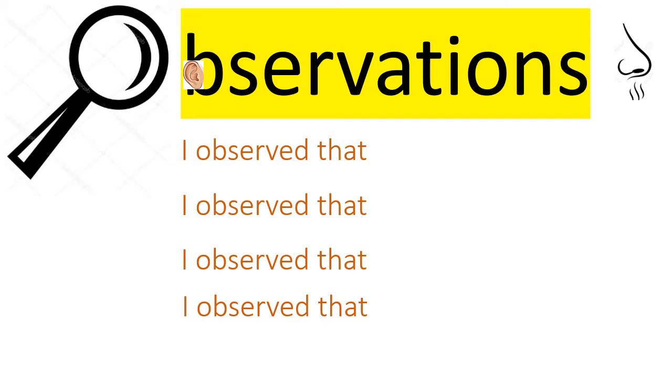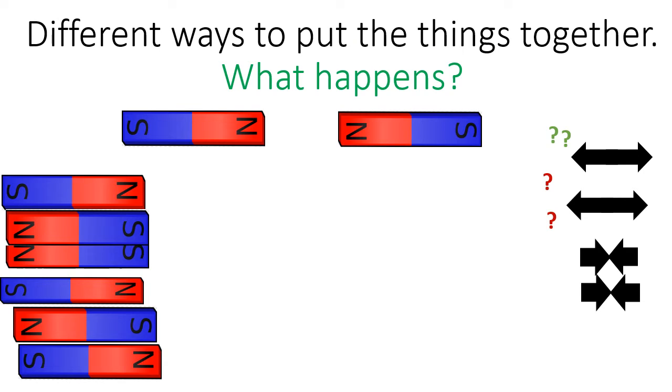And they started their observations with, I observed, that's in the past, I observed that. Okay, and then we talked about how many different ways they put the things together. And we showed that using these pictures.